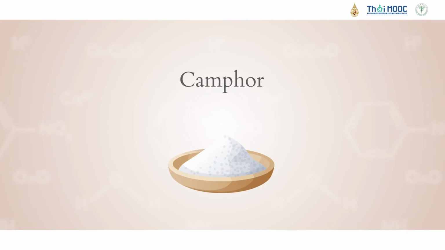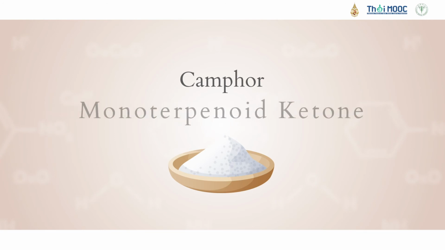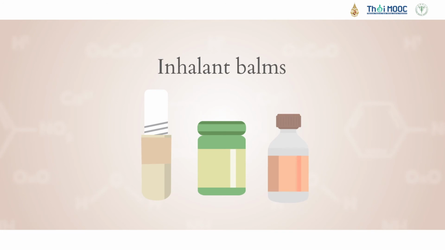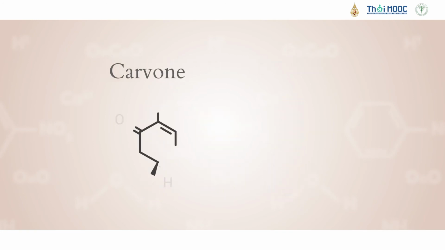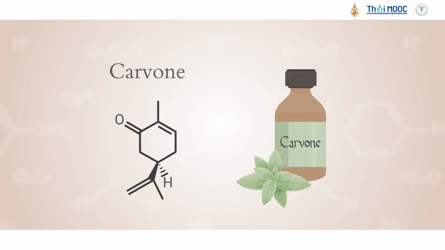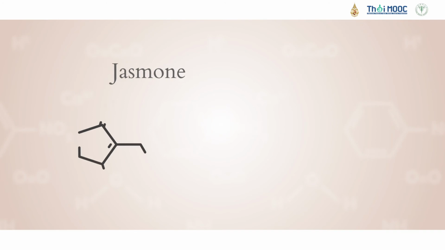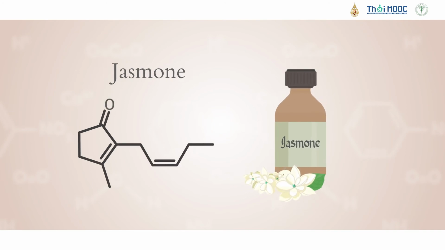It doesn't have an -one at the end of its name because the name is quite ancient. It is the most well-known monoterpenoid ketone that we find in many types of inhalant balms. Carvone is also found in spearmint, and jasmone is found in jasmine.